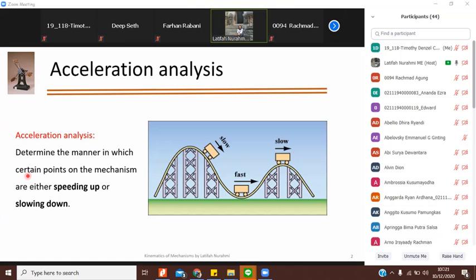So if we consider a car is a point, like in the first 3 meetings of our class, then we want to find the acceleration of that car as a point. So we want to determine the manner in which certain points on the mechanisms are either speeding up or slowing down, just like in the figure.